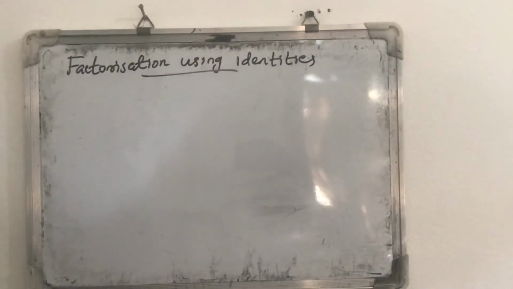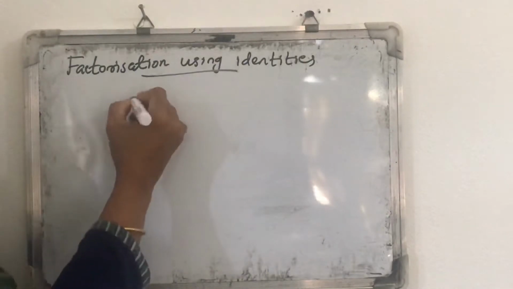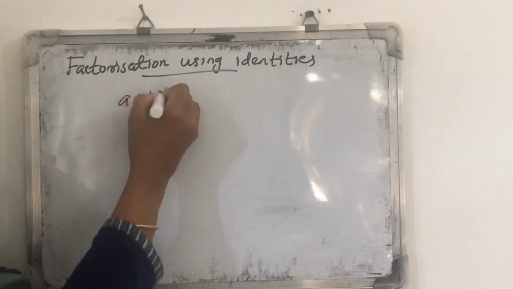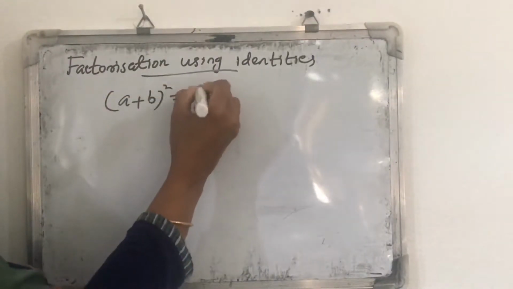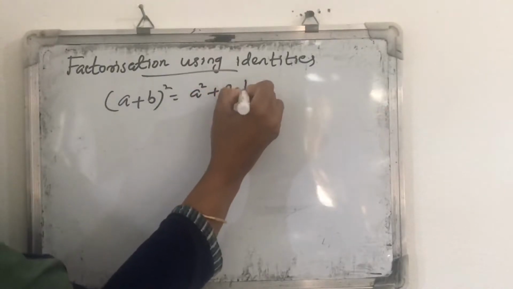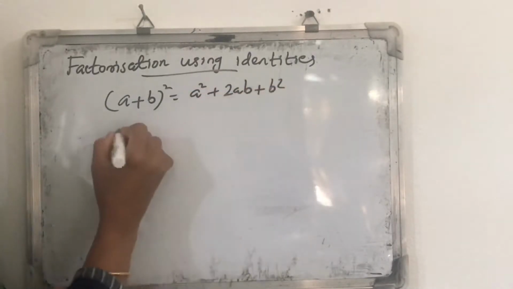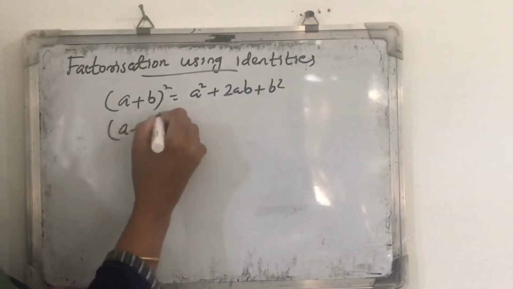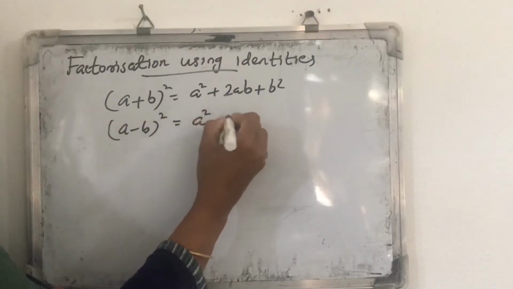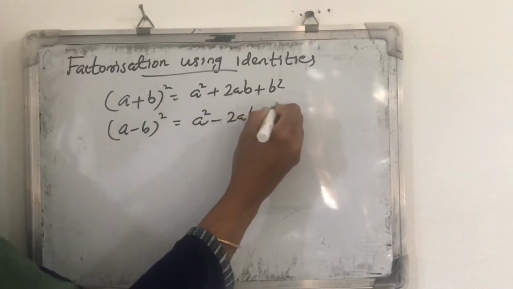Now, if you get an algebraic expression that has three terms, we know the three standard identities. (a plus b) whole square equals a square plus 2ab plus b square. (a minus b) whole square equals a square minus 2ab plus b square.